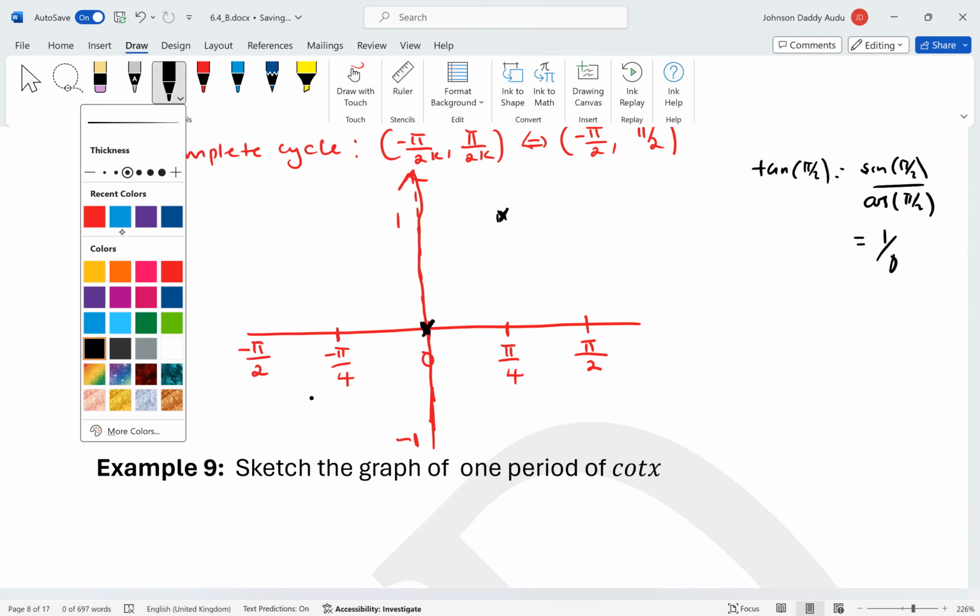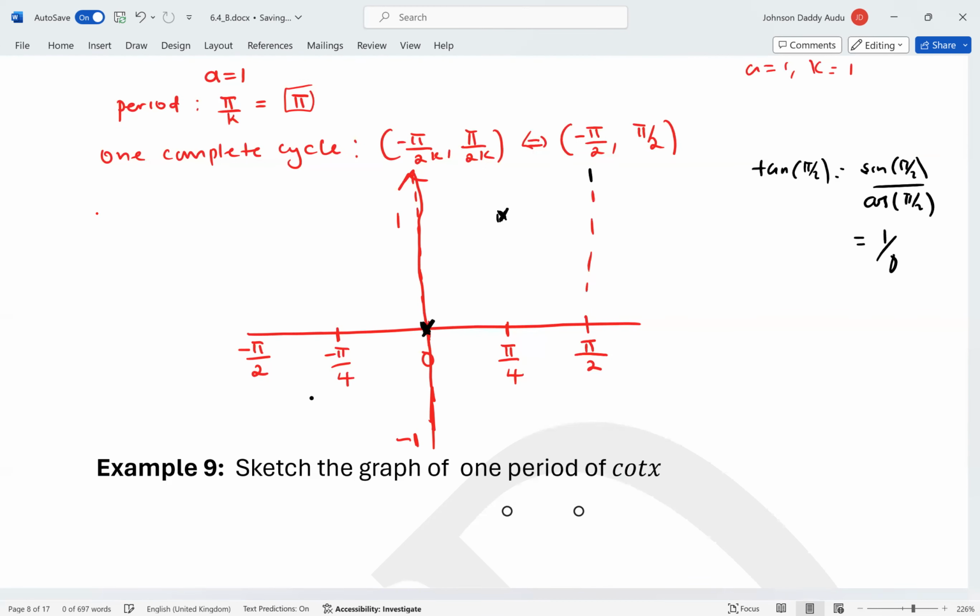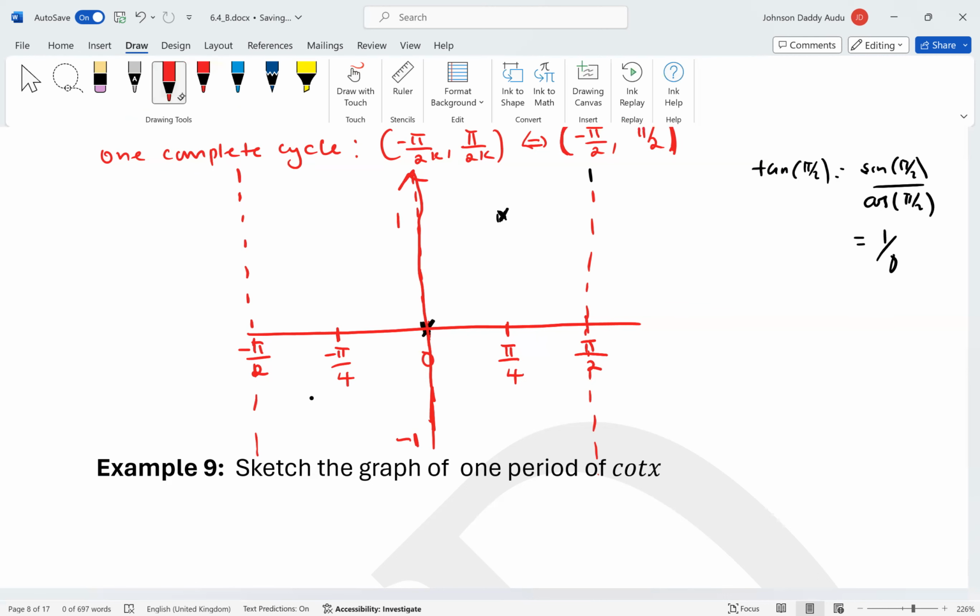We have a vertical asymptote here at pi over 2, and also at minus pi over 2. And that is why you can see you have these intervals to be open. So your vertical asymptotes for one period will just be at those endpoints. All right. So what is next?